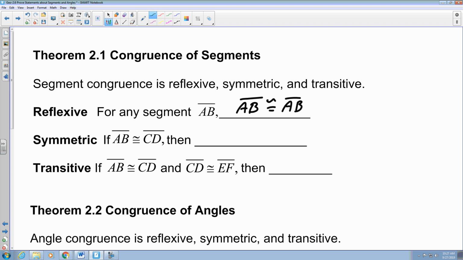Symmetric means like if you have AB is congruent to DC, we can just flip them around and say that CD is congruent to AB. And then transitive says that if AB is congruent to CD and CD is congruent to EF, we can say that AB is congruent to EF.